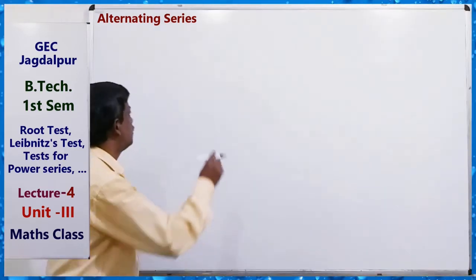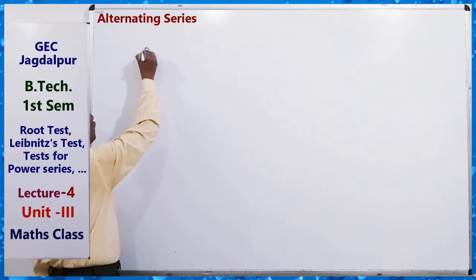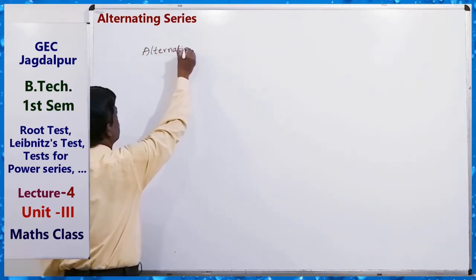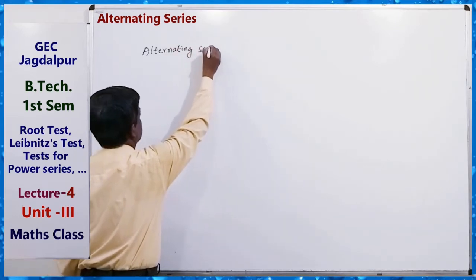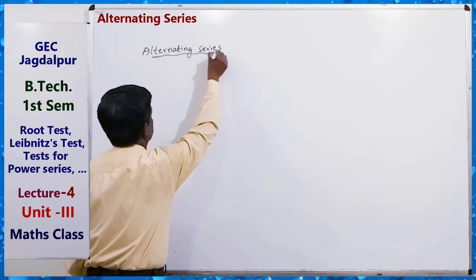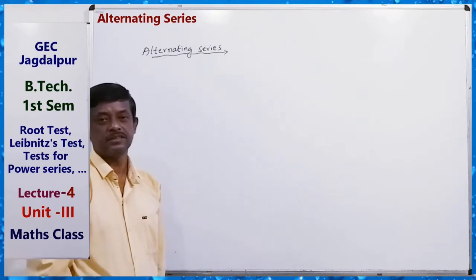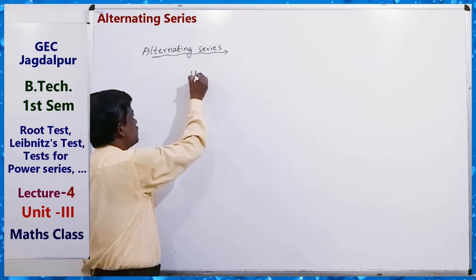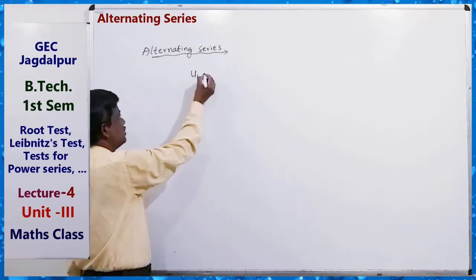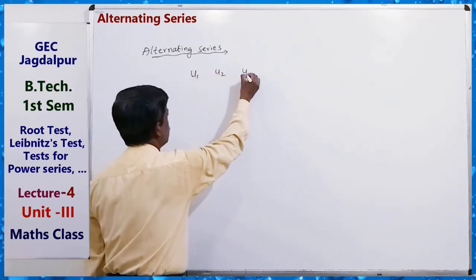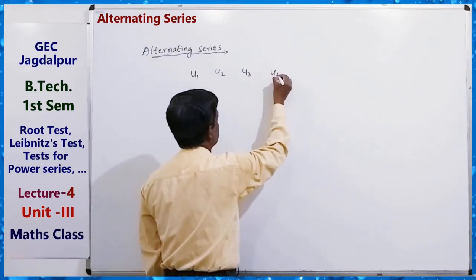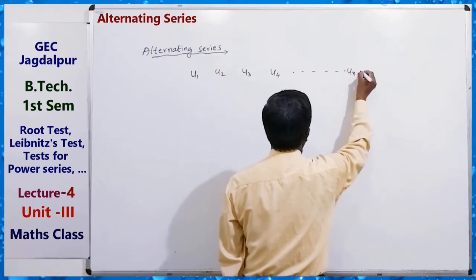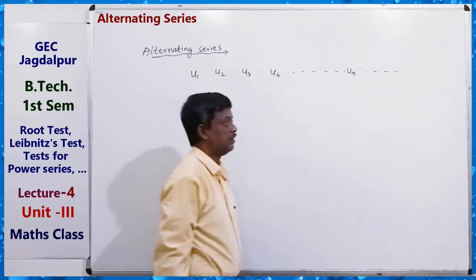First of all, alternating series. What is an alternating series? Suppose the terms of a series are u1, u2, u3, u4 and so on up to un, an infinite series.